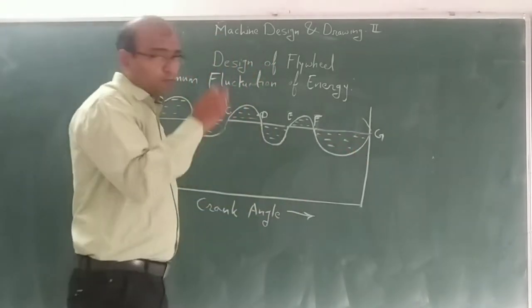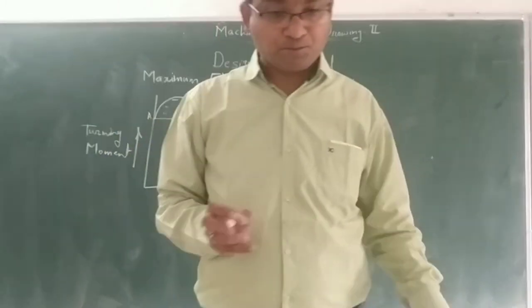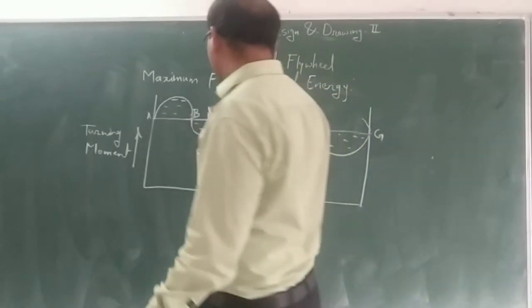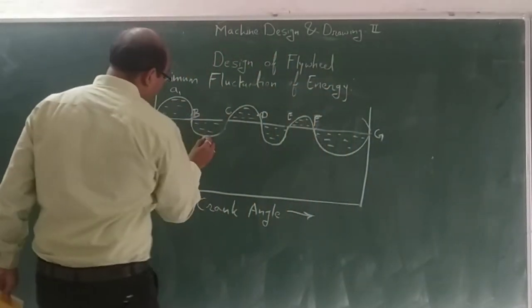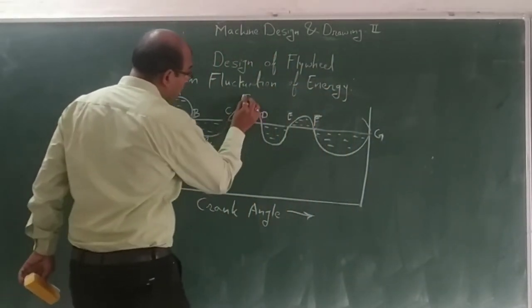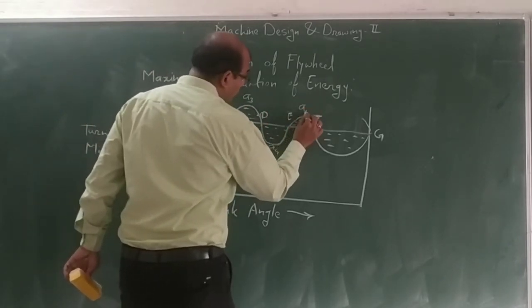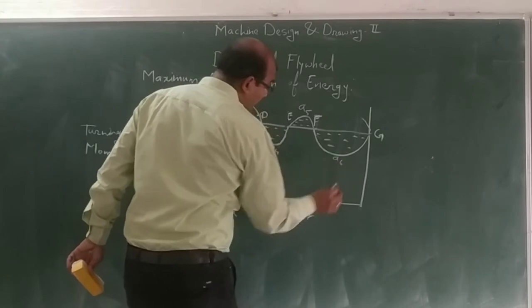As like some positive and negative loop is given, and so we use some number that is A1, A2, A3, A4, A5, and your A6.